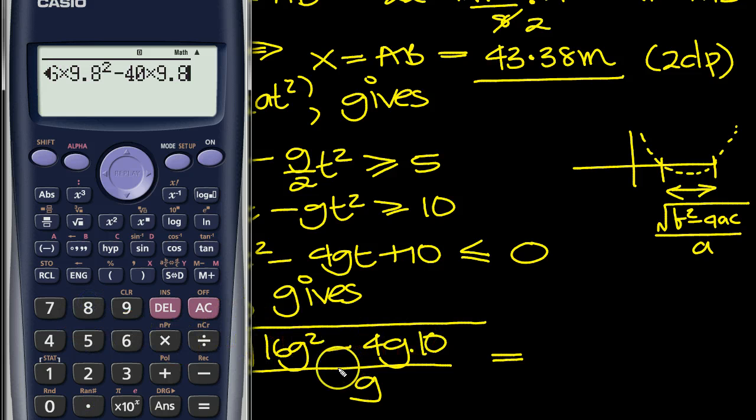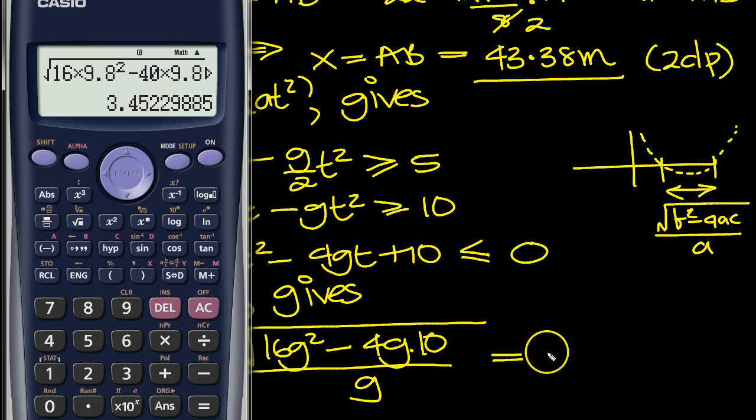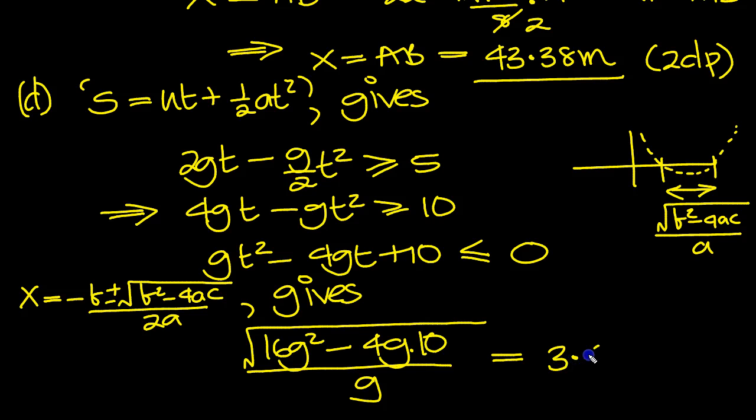So that's the square root. Come outside the square root and divide by 9.8. Equals decimal 3.45 to 2 dp. Seconds, and that's to 2 decimal places.